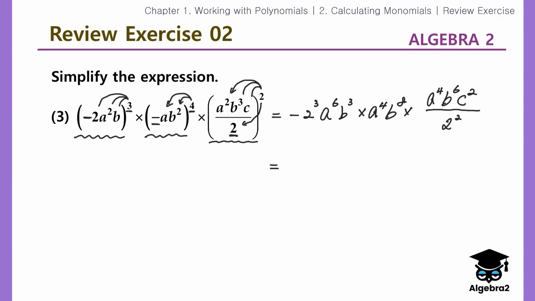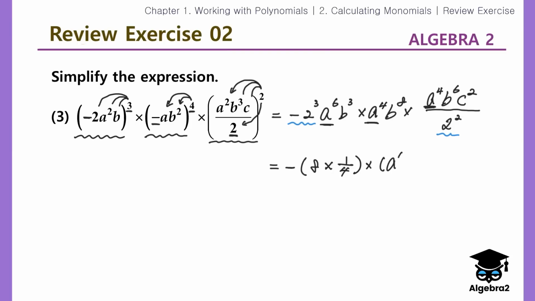So here, we have negative 2 cube and 1 over 2 square, which is 1 over 4, right? So let me put negative here. We have 2 cube. Well, let me write 2 cube as 8. 2 cube is 8 times 1 over 4, right? Times variable a to the 6, a to the 4, a to the 4.